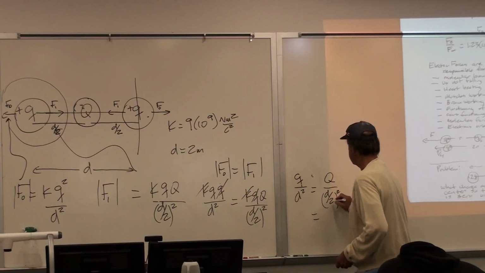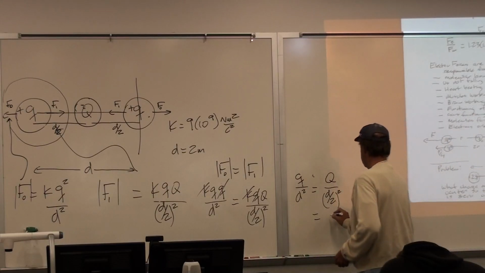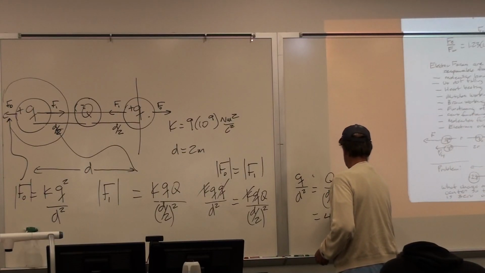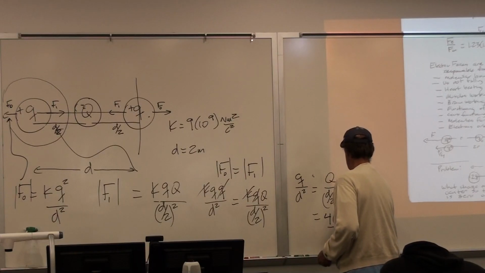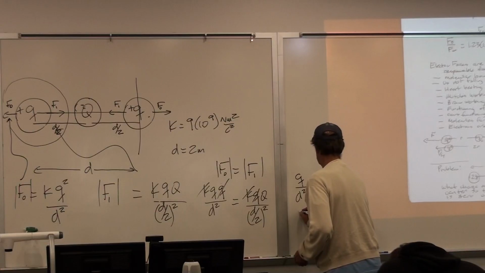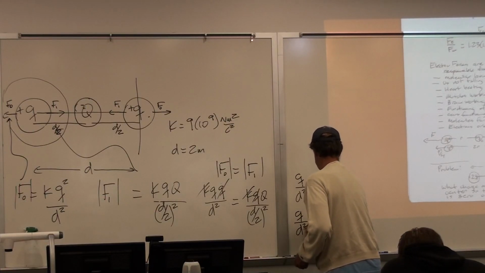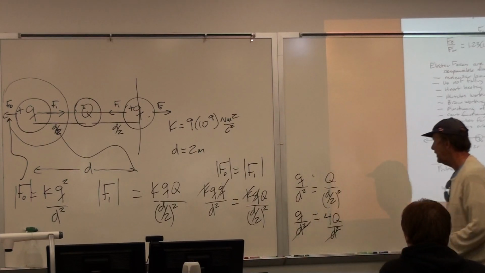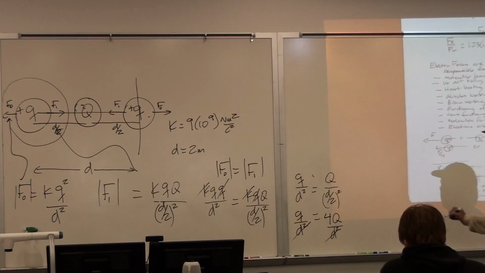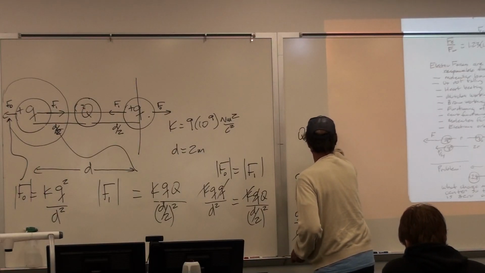But on the right, you divide by 1 over 2 squared. That's the same as multiplying by 4. So this is 4q over d squared equals q over d squared. So I cancel out the d squareds, and I've got big Q equals little q over 4.